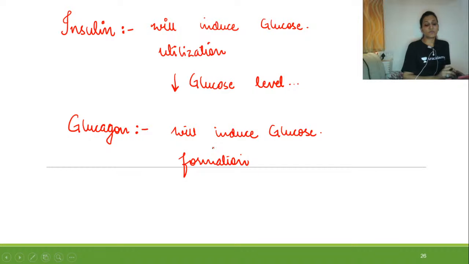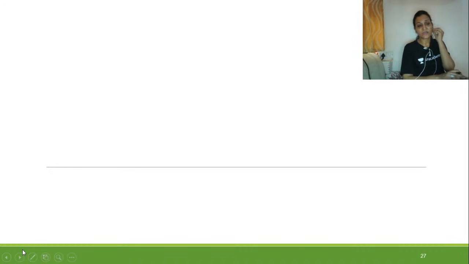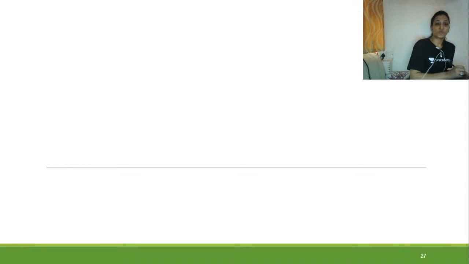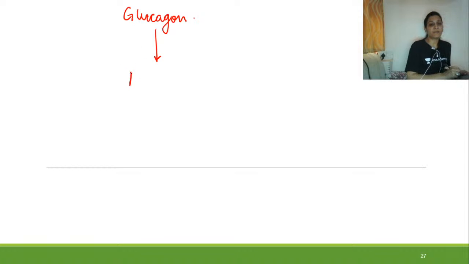Glycogen metabolism is regulated by the hormonal mechanism and the allosteric mechanism, and there is a role of calcium also. Let us see a pathway of how all these are related. Glucagon will increase the cyclic AMP level.